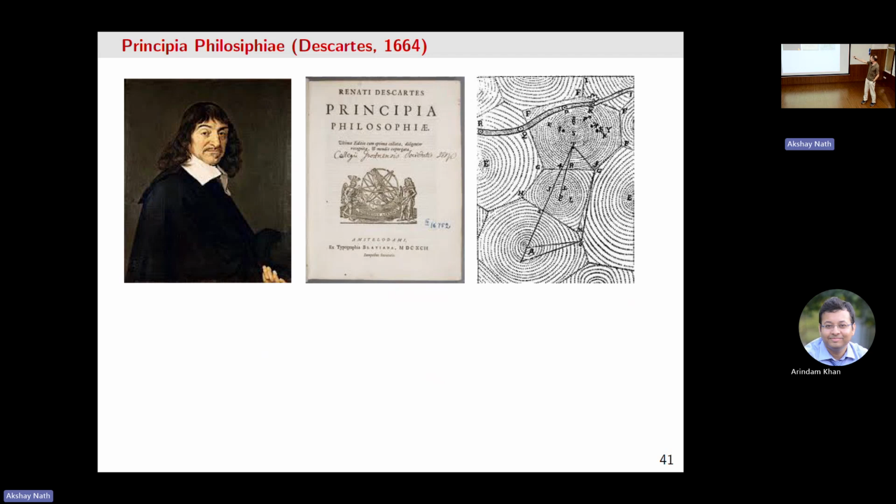So I guess all of you recognize the guy on the left because his name is written in the middle, Descartes, who centuries ago wrote this book, Principia Philosophiae, and this picture features in the book. Does anyone know what it's supposed to represent, the picture?